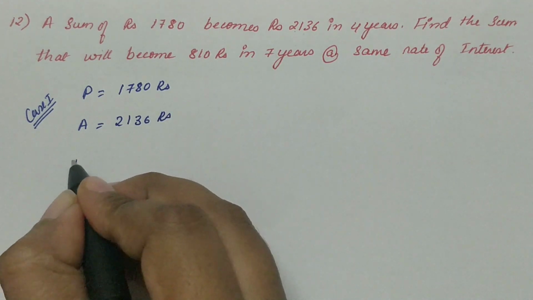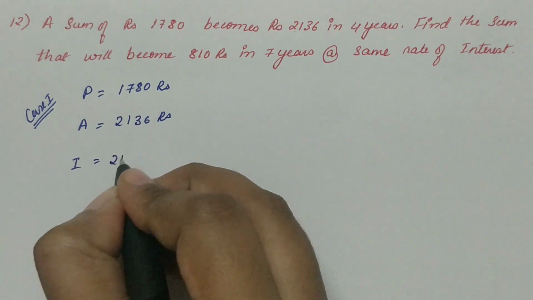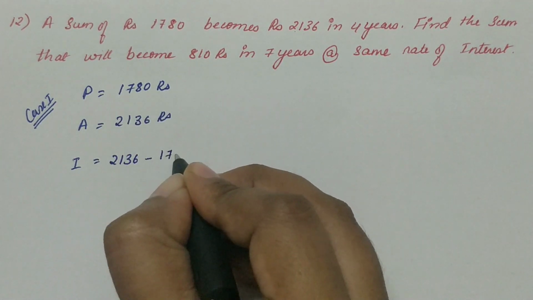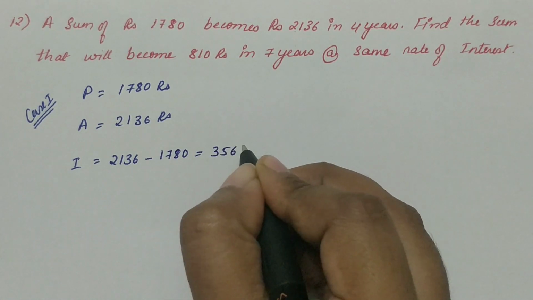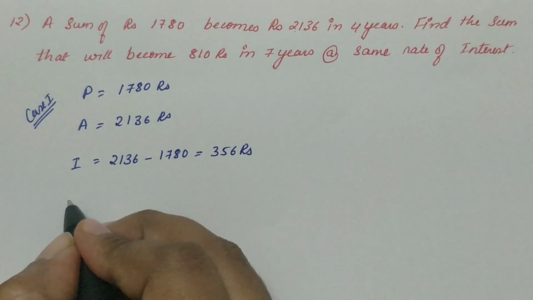Then interest I equals amount minus principal, 2136 minus 1780 equals 356 rupees, and time equals 4 years.